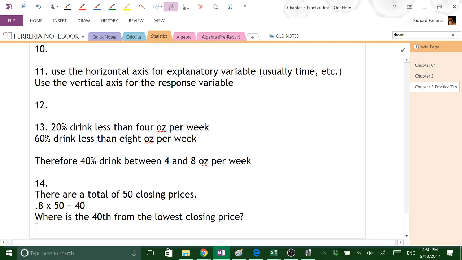That's the real question. Where is it? See, 13 plus 8 is 21. So there are 21 of the closing prices less than 20. 36 of the closing prices were less than 15.